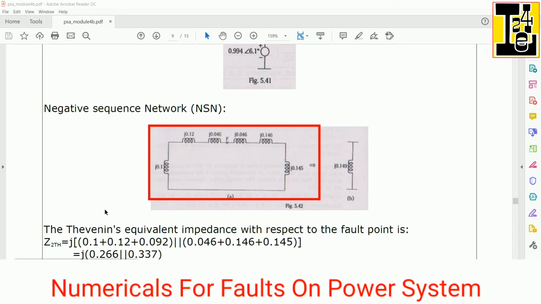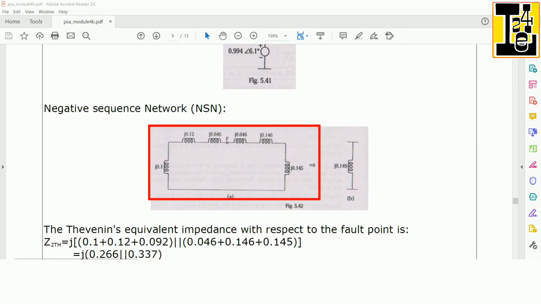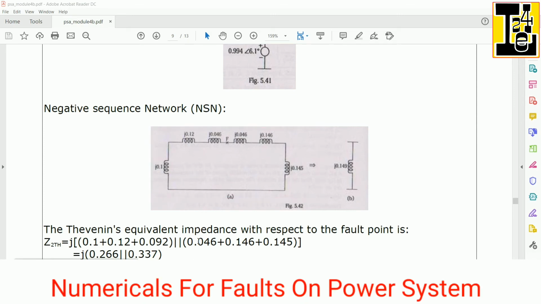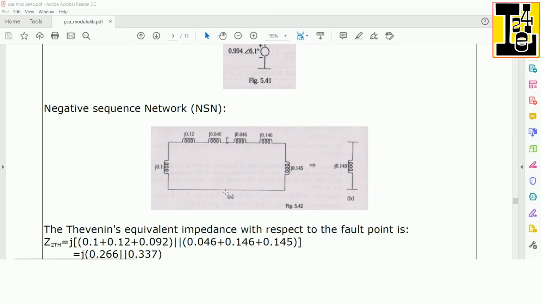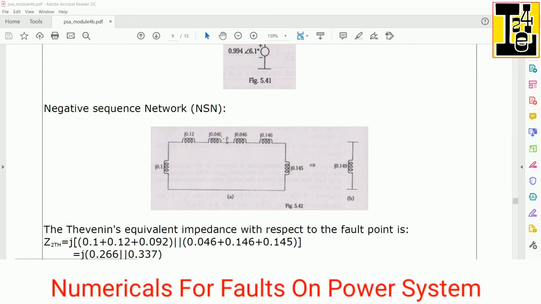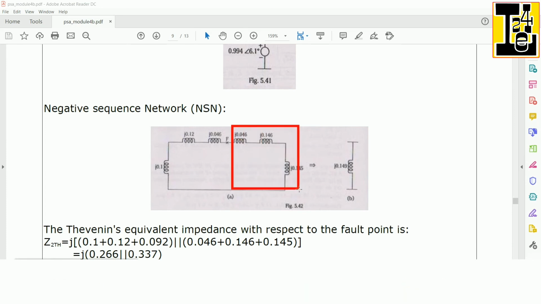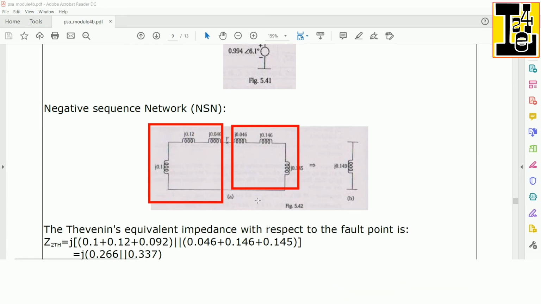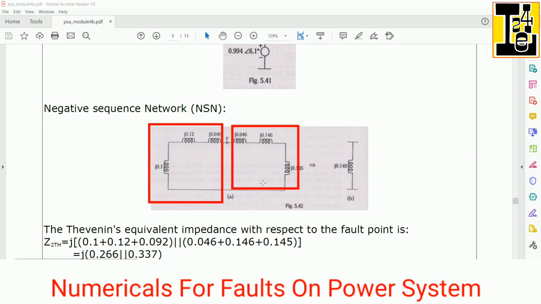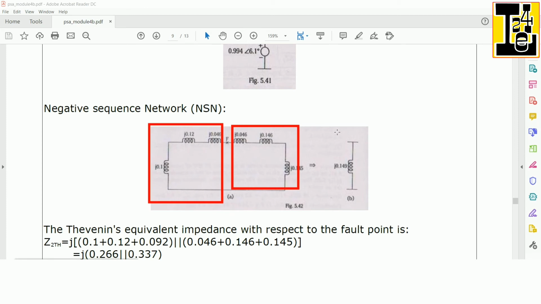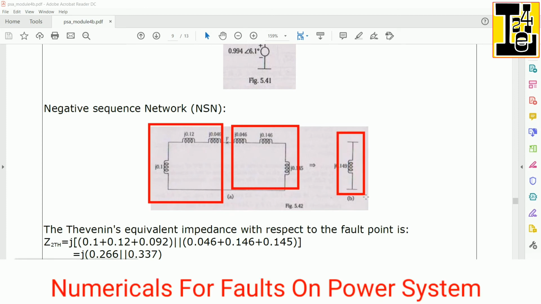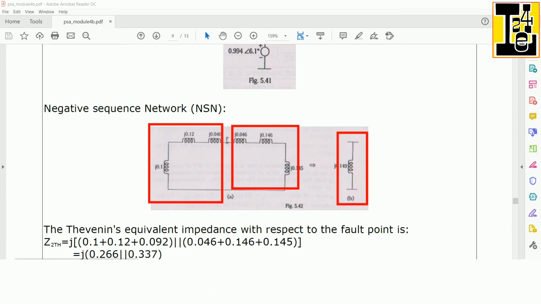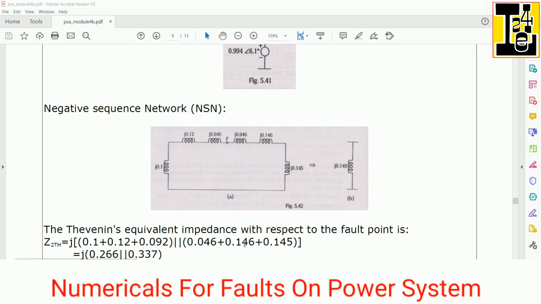So calculating the Thevenin equivalent impedance for this network with respect to the fault point F and the reference, these three reactors are in series, and these three reactors are in series, and both are in parallel with respect to the fault point. Finally, we will get Z2 Thevenin equivalent as equal to 0.149 per unit.